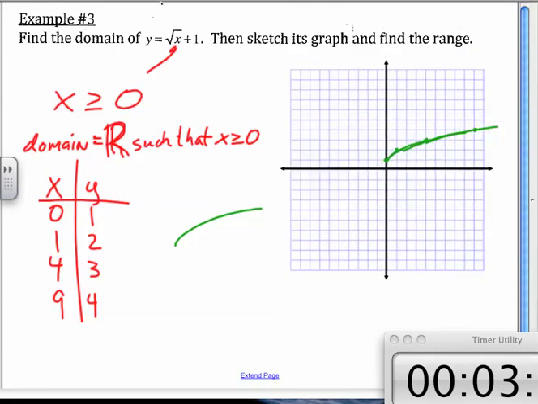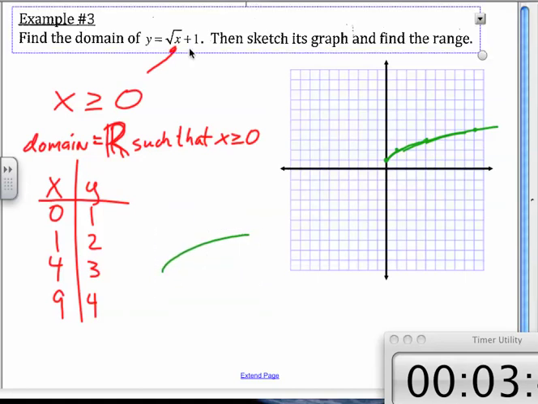Okay, not going to be able to. All right, I can take that little thing. It shifted it up 1 because I added 1 to the graph of the square root of x. So it took that thing off of (0, 0) and bumped it up to (0, 1). All of the y's increased by 1.